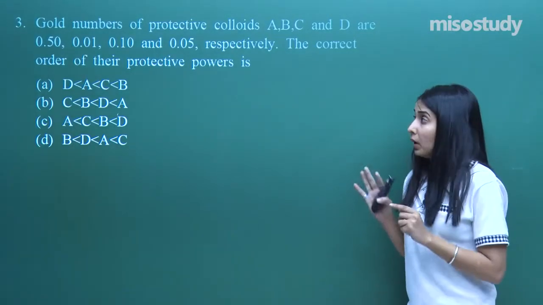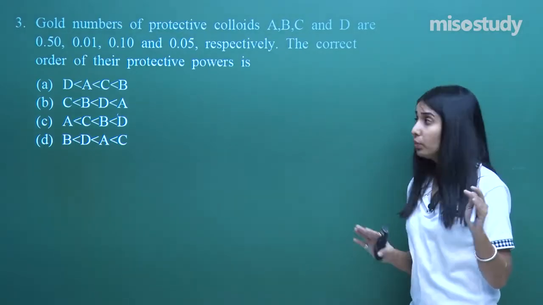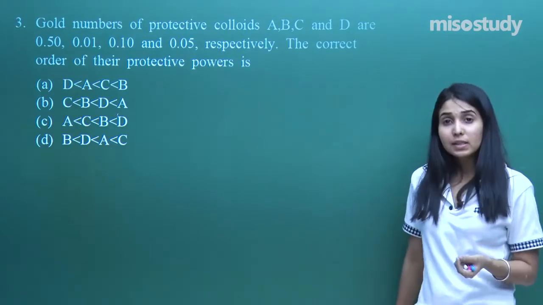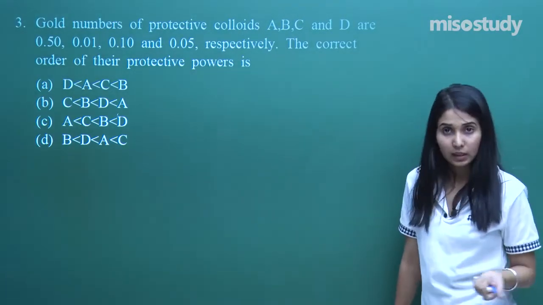That's what we know. Now I know another thing as well, that my coagulation power used to be inversely proportional to my gold number, or I'll say that the higher the gold number, the lesser is the protecting power.